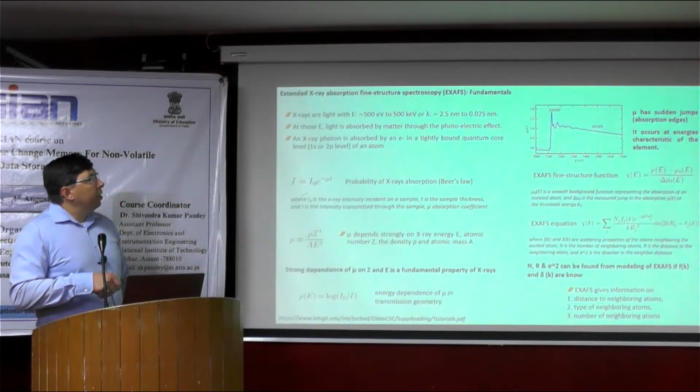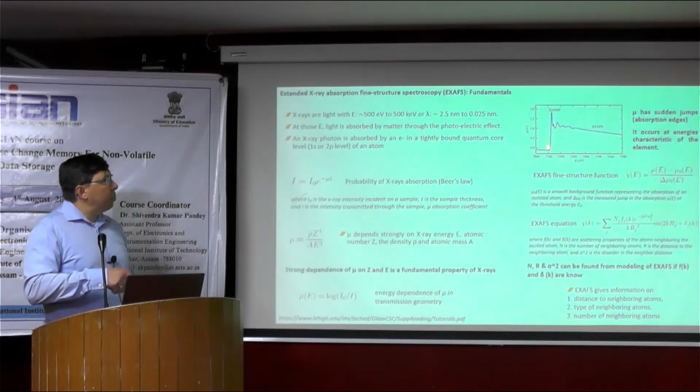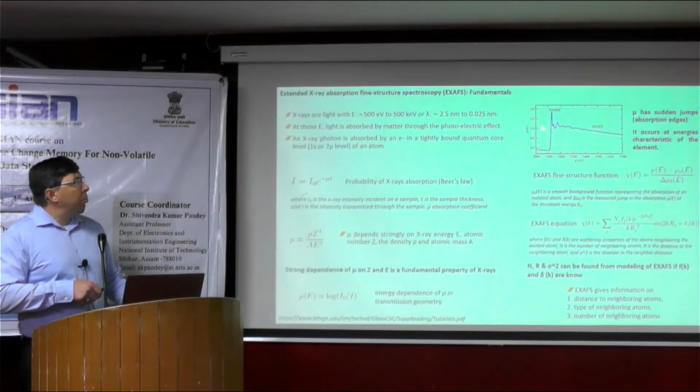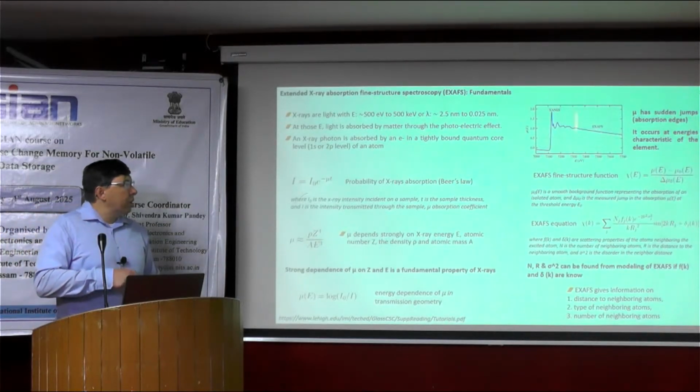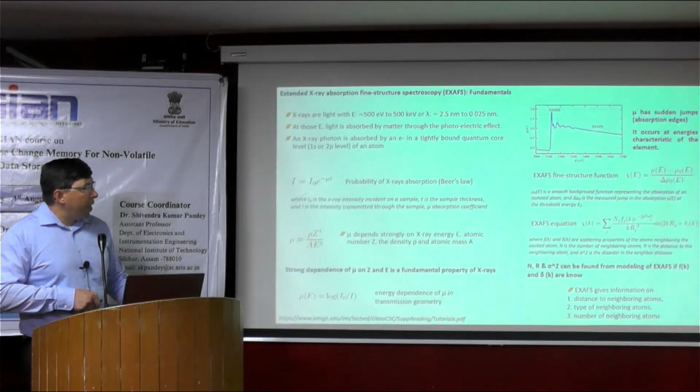So in the spectra, if you have such XAFS spectra, what happens here is you have a jump at a particular energy. So it goes like an absorption edge. And it occurs at the characteristic energy of elements. And this is the so-called fine structure, which can be described by this equation.